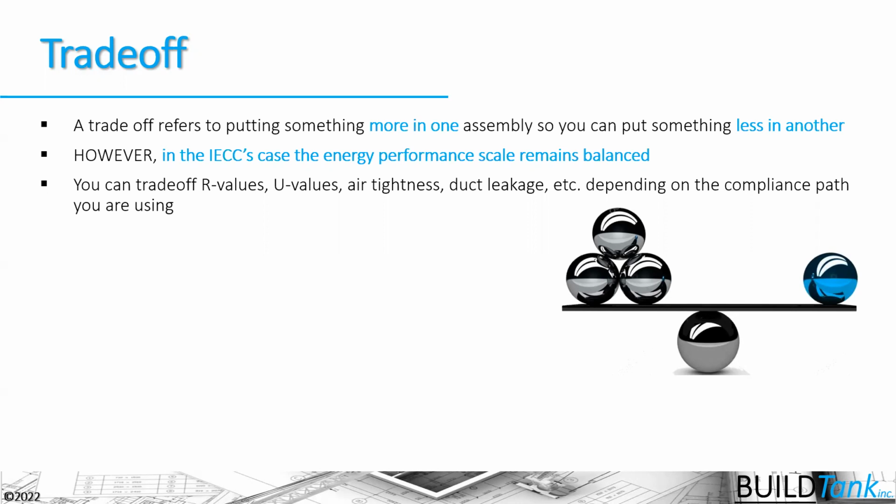So if I can balance my equation, keep the seesaw balanced, and do something less in one location and something more in another location, then I can do a trade-off.